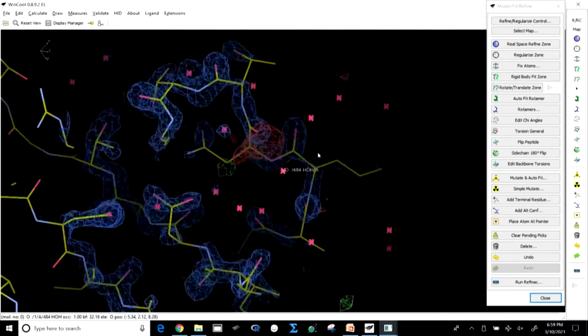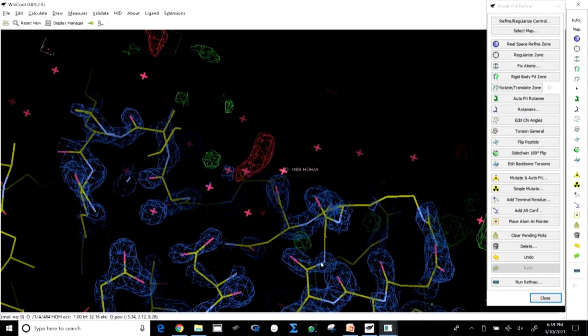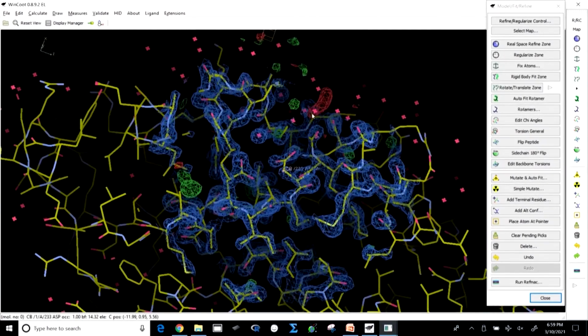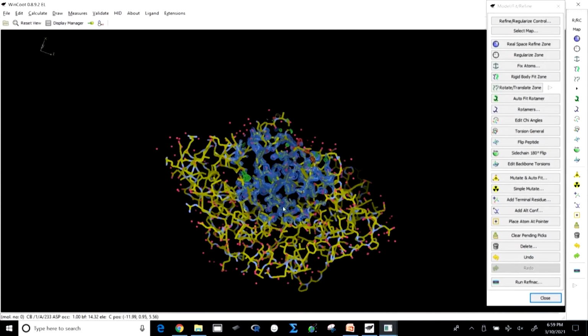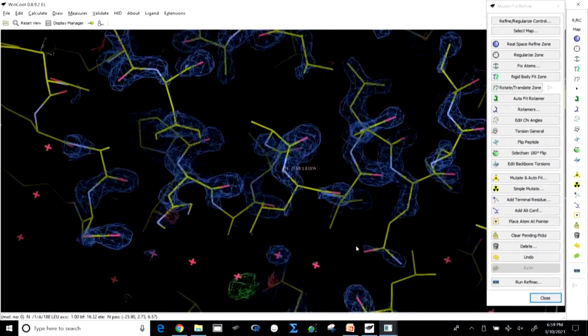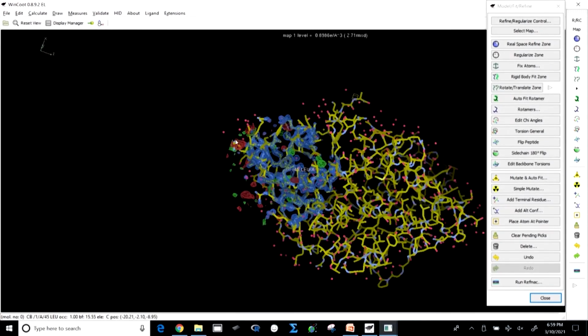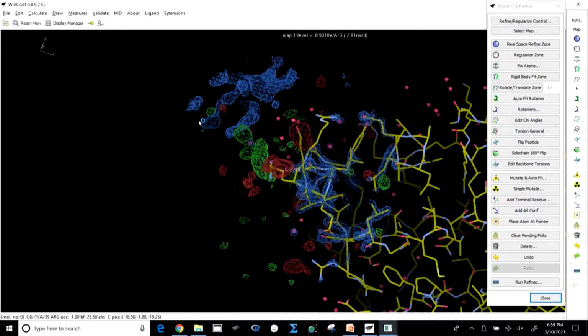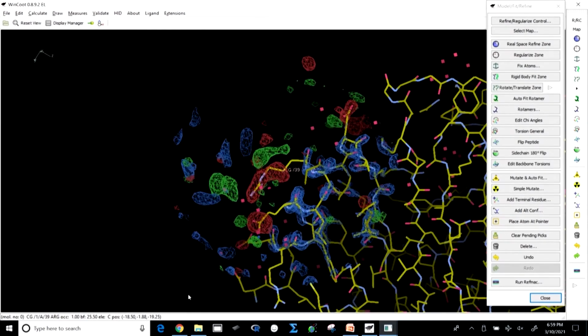When somewhere you should not model, but you modeled, there is a chance of getting red density. So, we call it like traffic. When you should go, you get a green light, right. Here also when you should put some model, you get green color in the map.